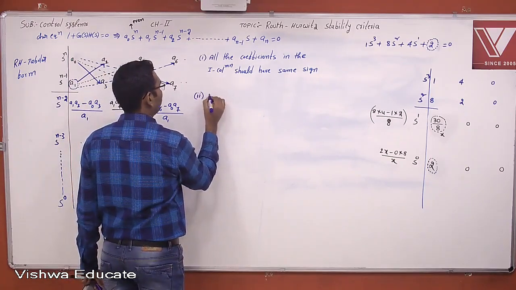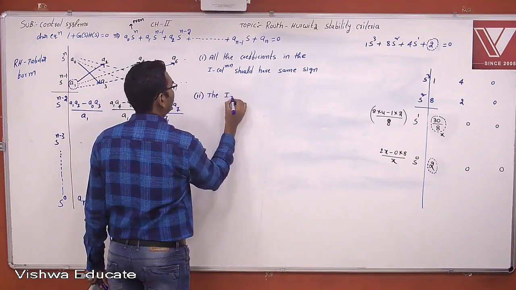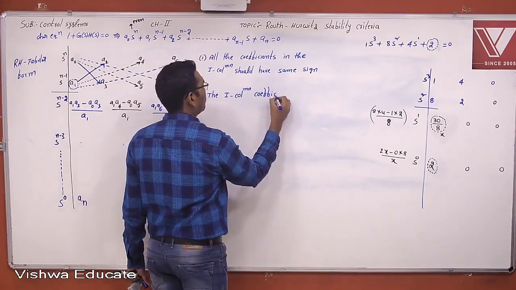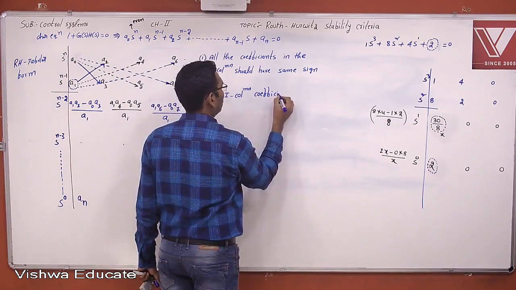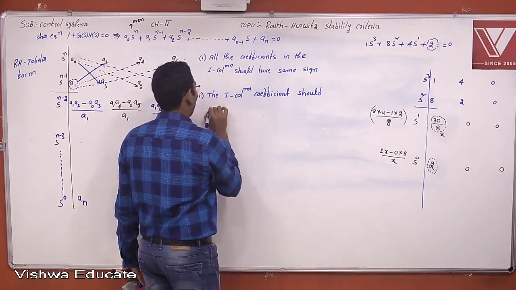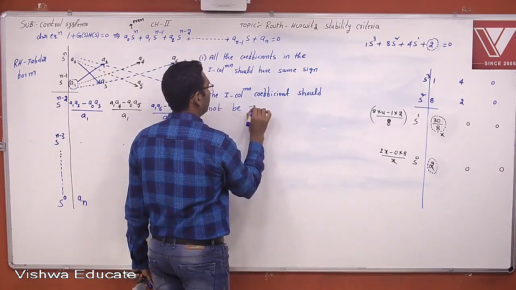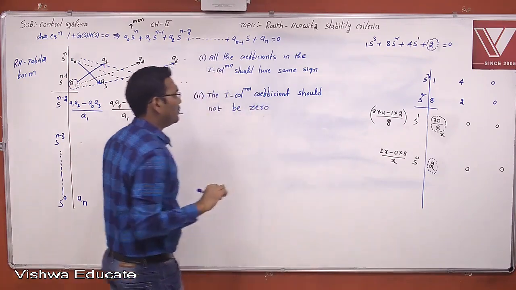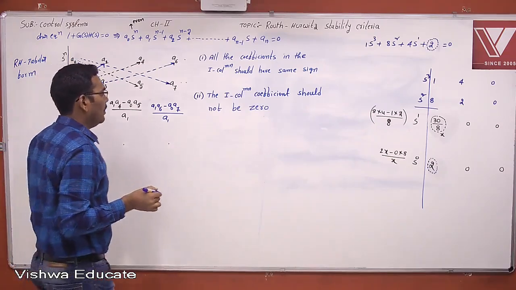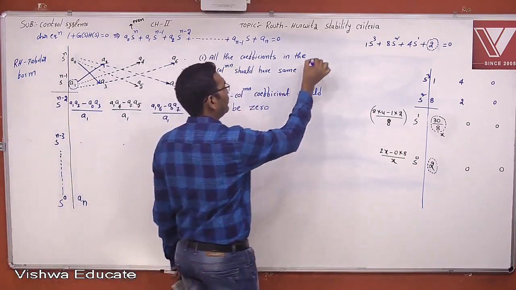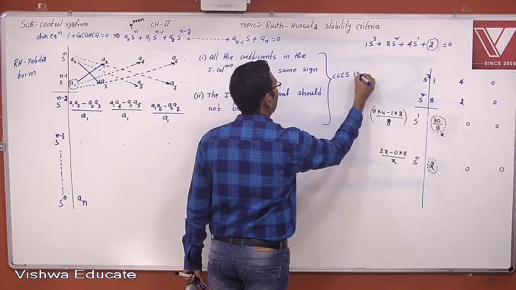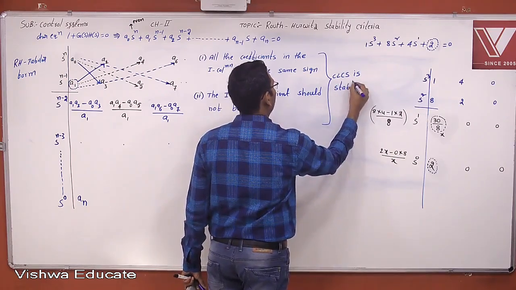The second condition: the first column coefficients should not be 0. All the first column quotients should have the same sign, and none of them should be 0. If these two conditions are satisfied in the Routh Hurwitz tabular form, the closed loop control system is 100% stable.